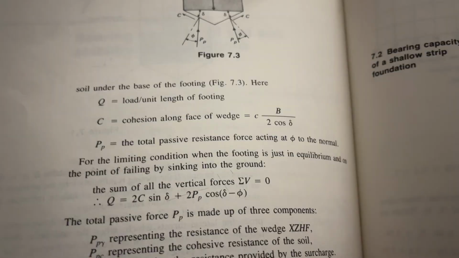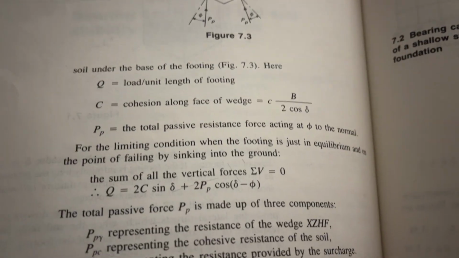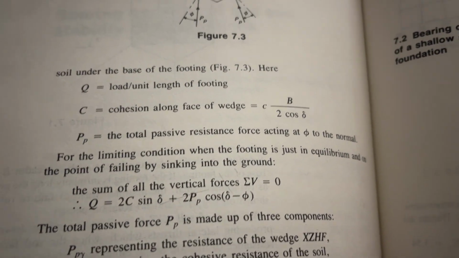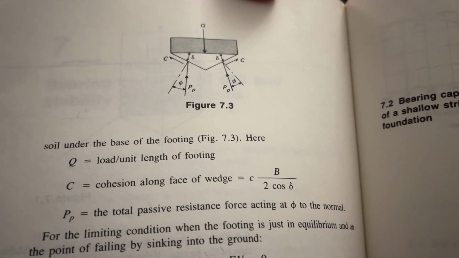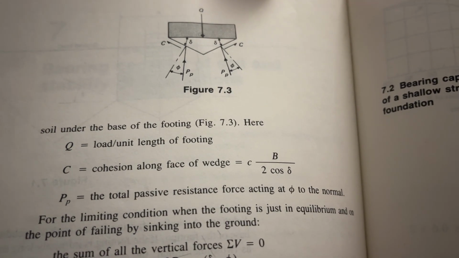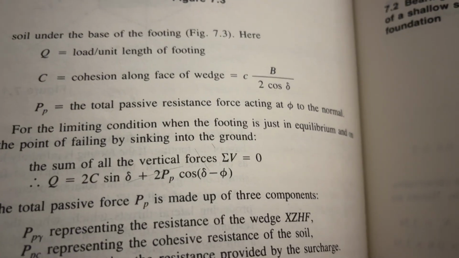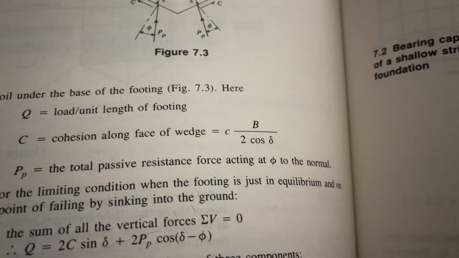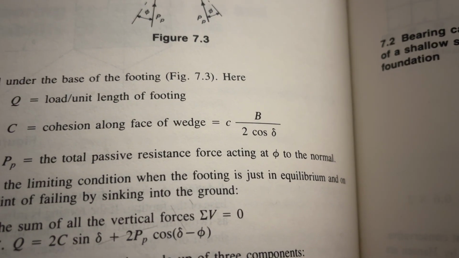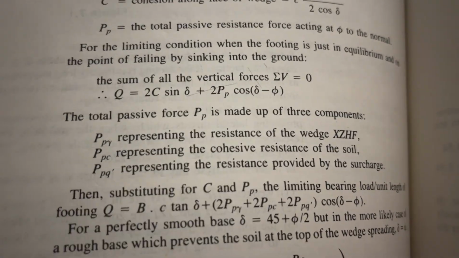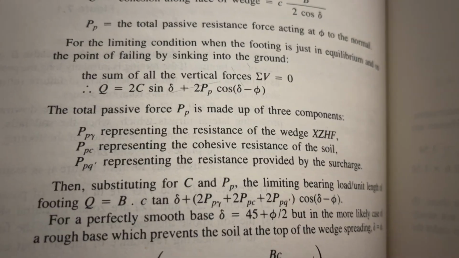Therefore Q downwards equals 2C sine delta, with the vertical component of that little C value, plus 2PP cos delta minus phi.